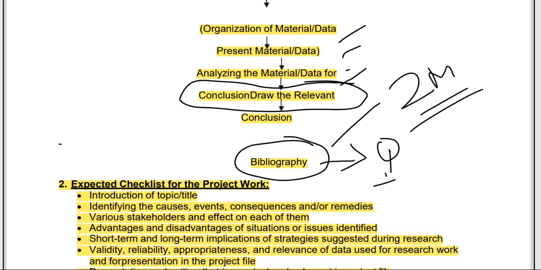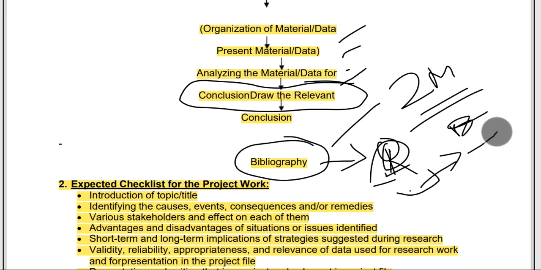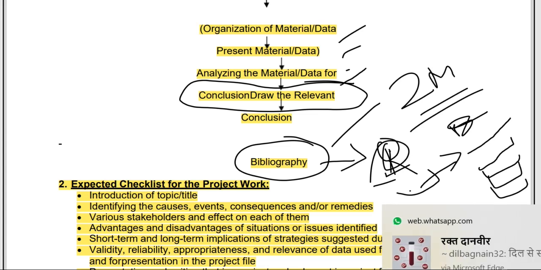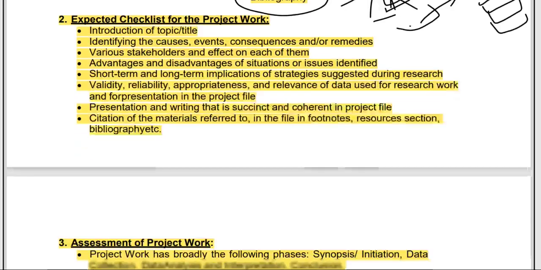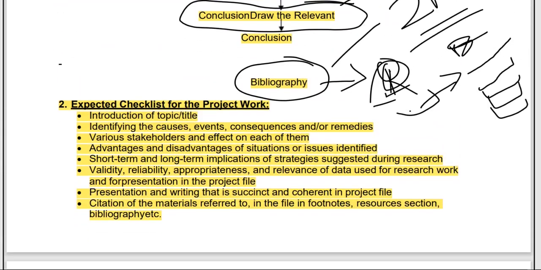So this person will mention in the bibliography that for the successful completion of this project file, I took the help from this. All the resources you took help from, in their URLs. This is the main point, in their URLs. Then this is about bibliography.